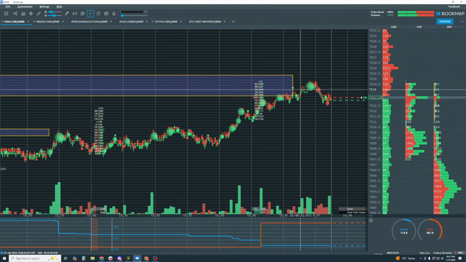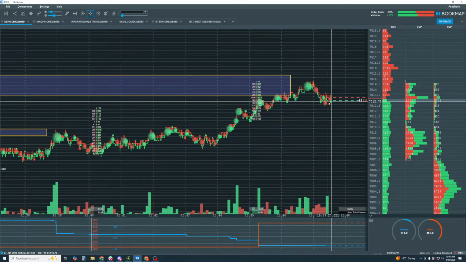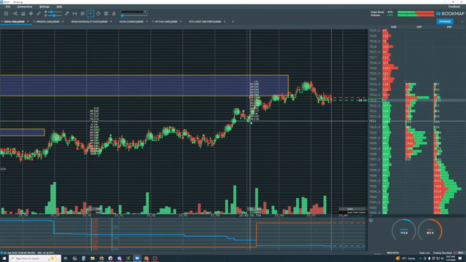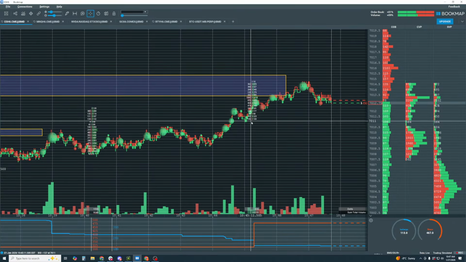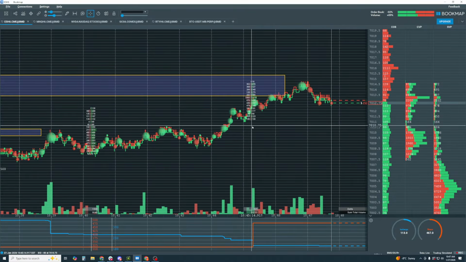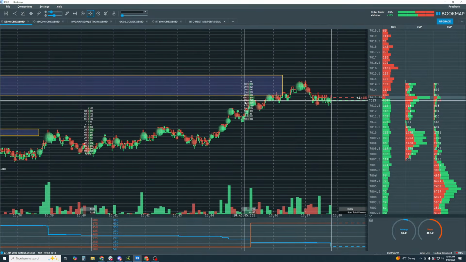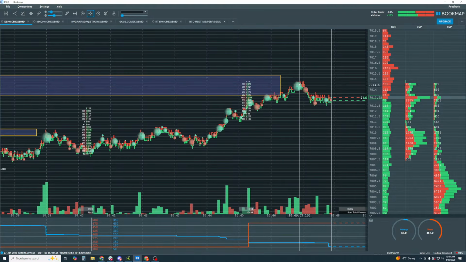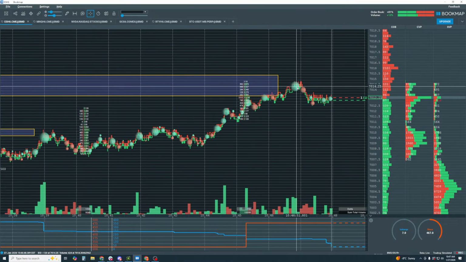Now maybe if sellers can come in at this point, this is going to be a trap up in here, and I would look for the sellers to take it right back down to this 11 area, maybe even a little bit lower. All right, so for me, I like to see the market structure with the volume, and then I know that this is a big transaction.